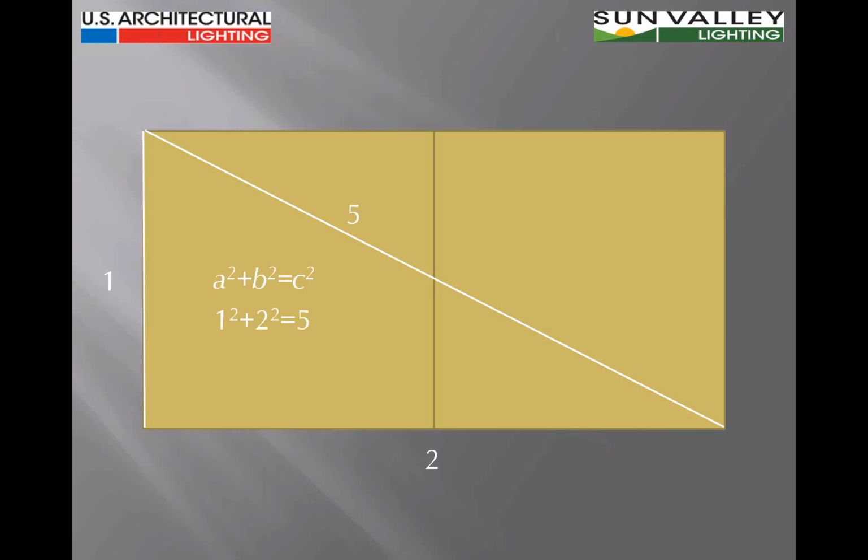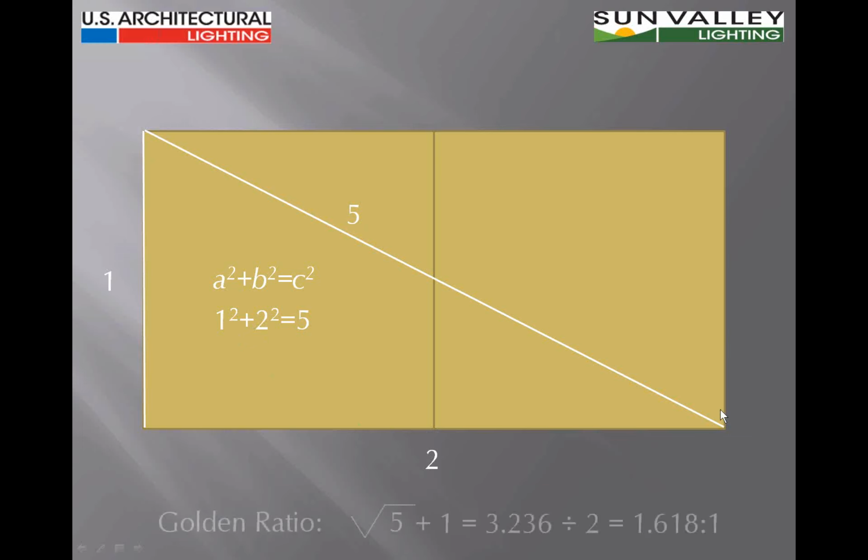If we take the short side of the rectangle, the unit of 1, and the long side of the rectangle, square the short side and add it to the square of the long side, so 1 squared plus 2 squared equals 5, that gives us the length of the diagonal.